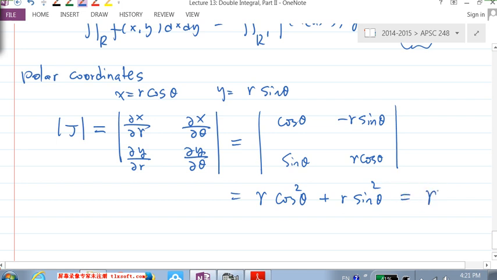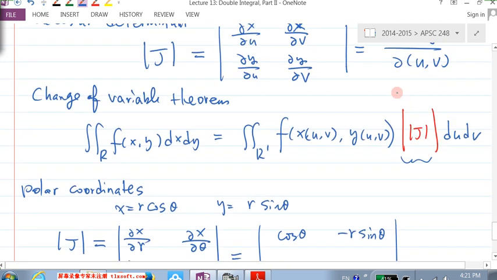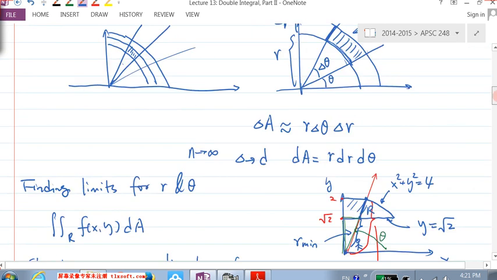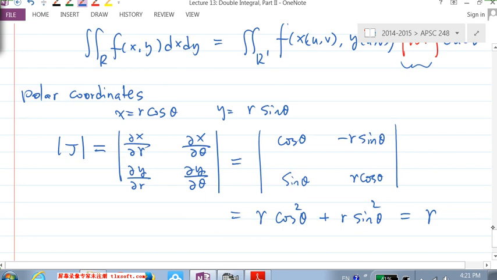Well, according to the theorem, what do we need? We need the absolute value of r here. But remember how r is defined: r is the distance from the origin to where it is, so the r value is naturally positive. So I basically proved this change of variable for polar coordinates.